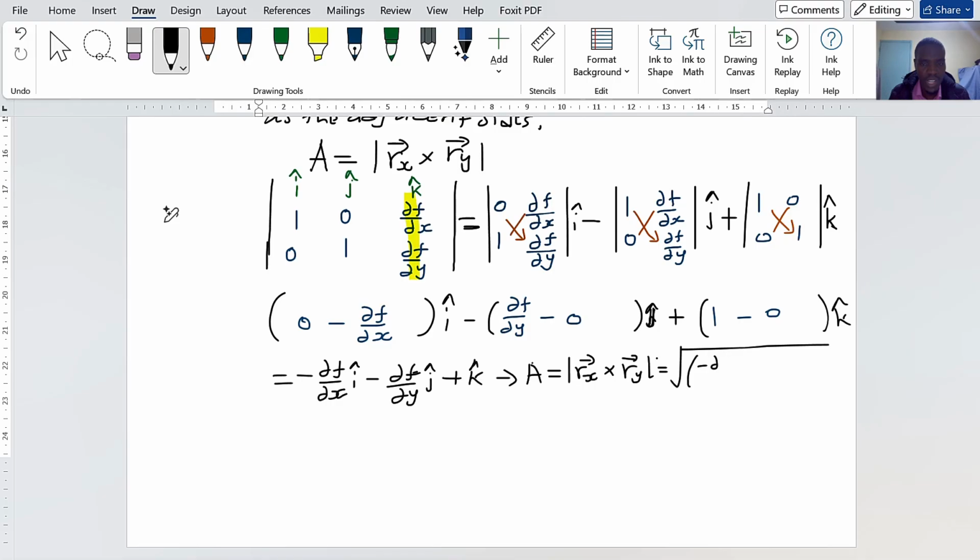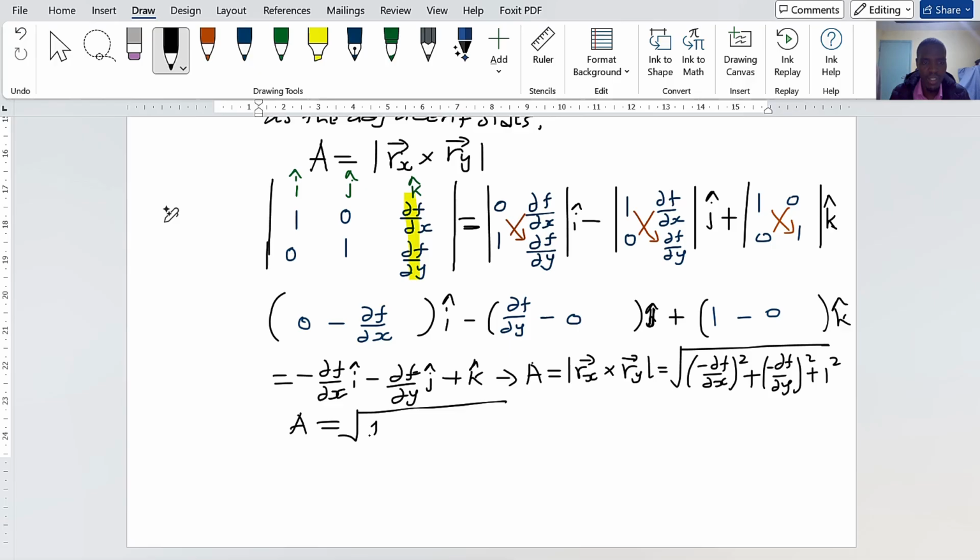So the square root of x squared, which is df over dx squared, plus y squared, which is negative df over dy squared, plus 1 squared, which is our z squared. So our area will simply be the square root, if we simplify, of 1.